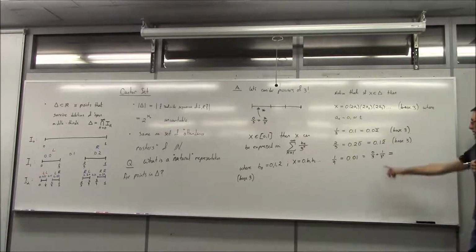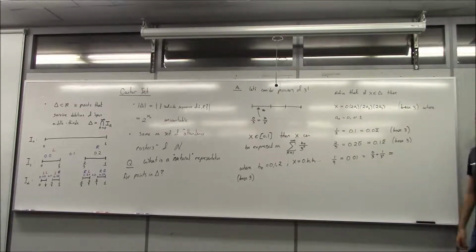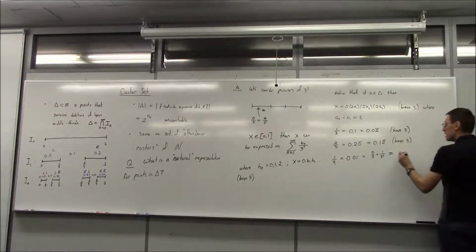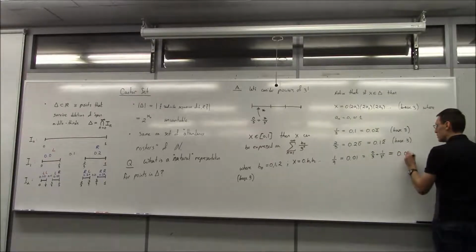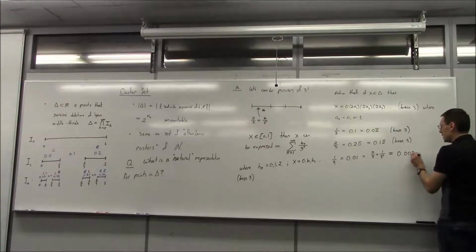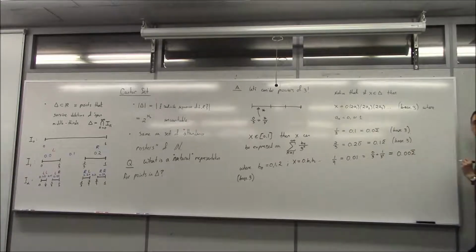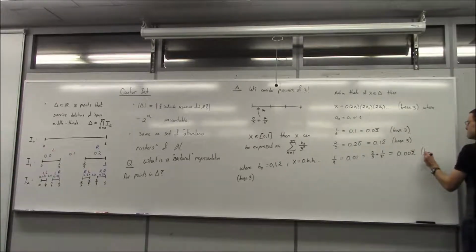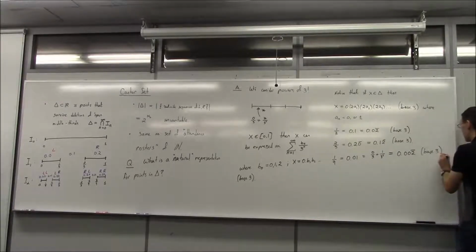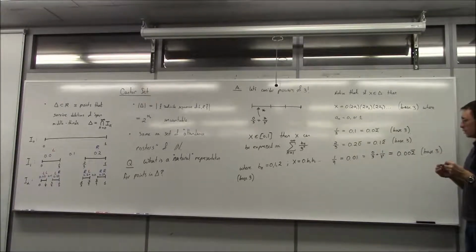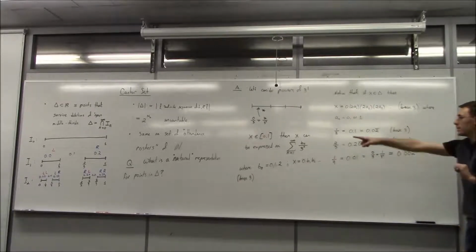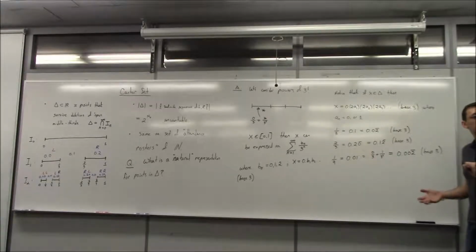What's another way of writing 1/9? 0.00 followed by lots of 2's, in base 3. So you might say that the endpoints of some interval are the ones that have a different representation.